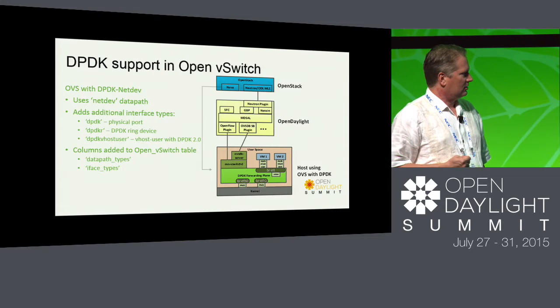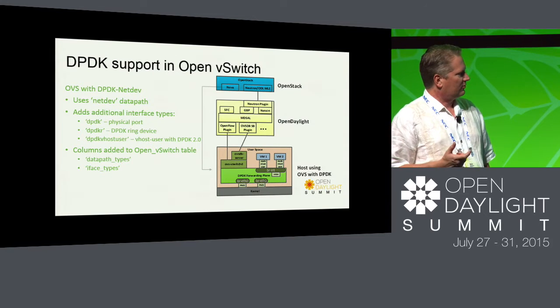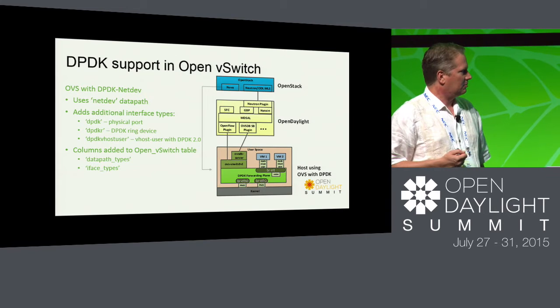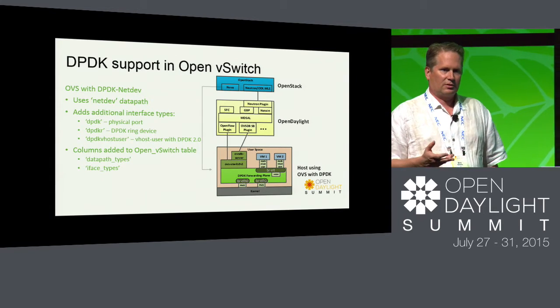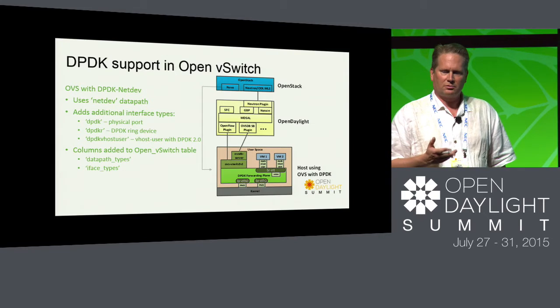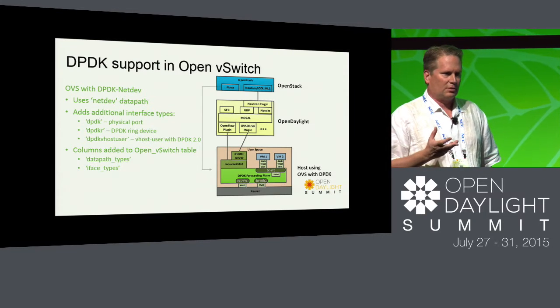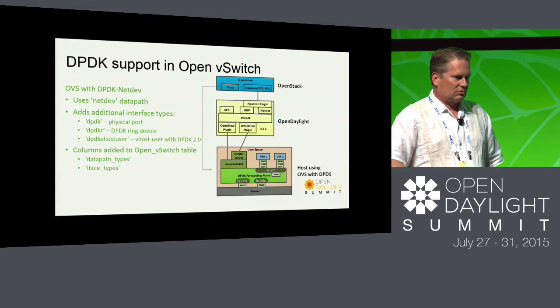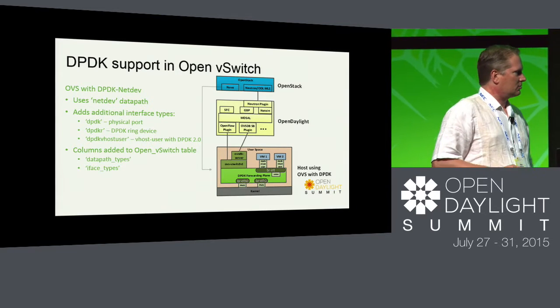What the DPDK vhost user interface gives you is the performance benefits of DPDK, but it also provides the VM a standard vhost or VirtIO type of interface. So the VM doesn't really have to know what kind of data path OVS is running underneath.